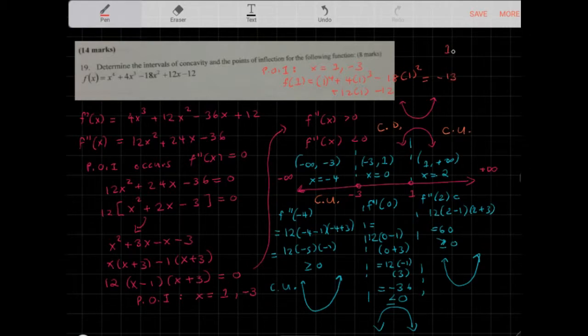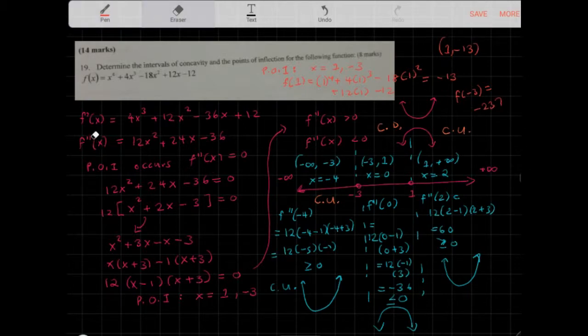So one of our points of inflection is (1, negative 13). And to find the other point of inflection, I'm going to do f of negative 3, and if I plug that into my function, I get negative 237.